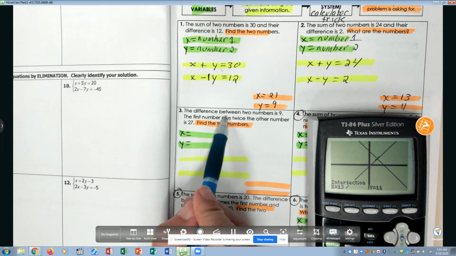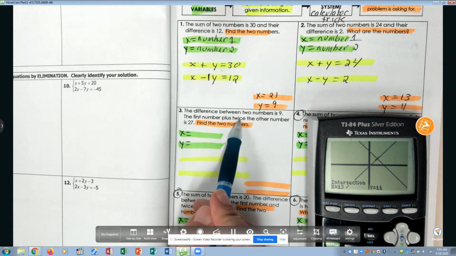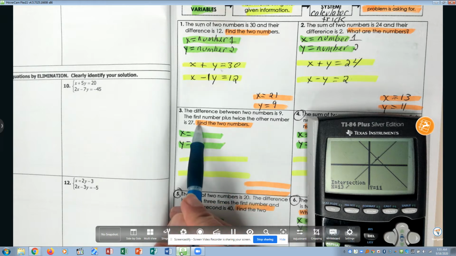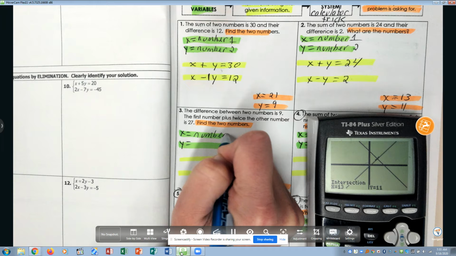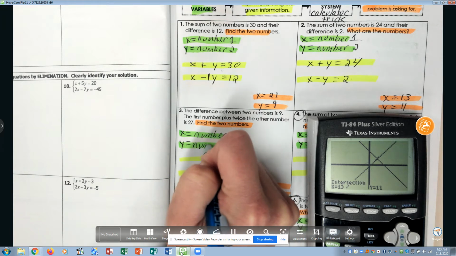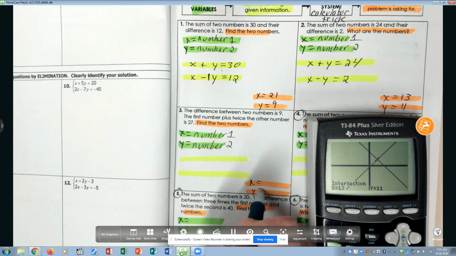The difference between two numbers is 9. The first number plus twice the other number is 27. Find the two numbers. So I need to find number 1 and number 2. So what are the two numbers? Okay.